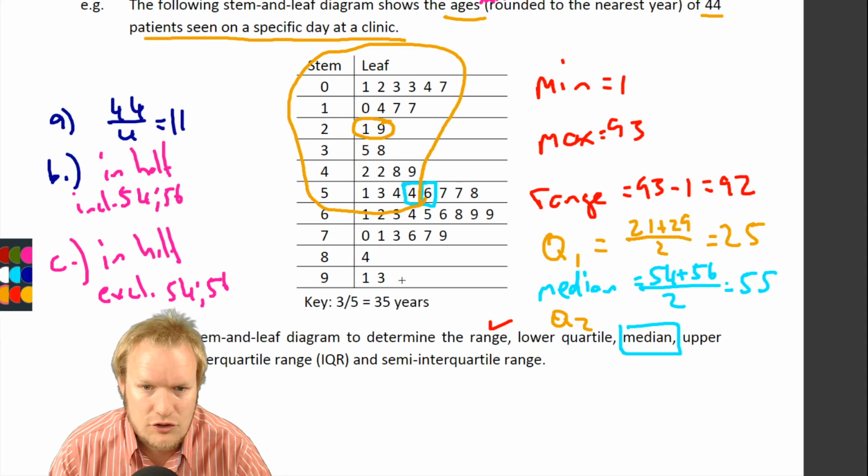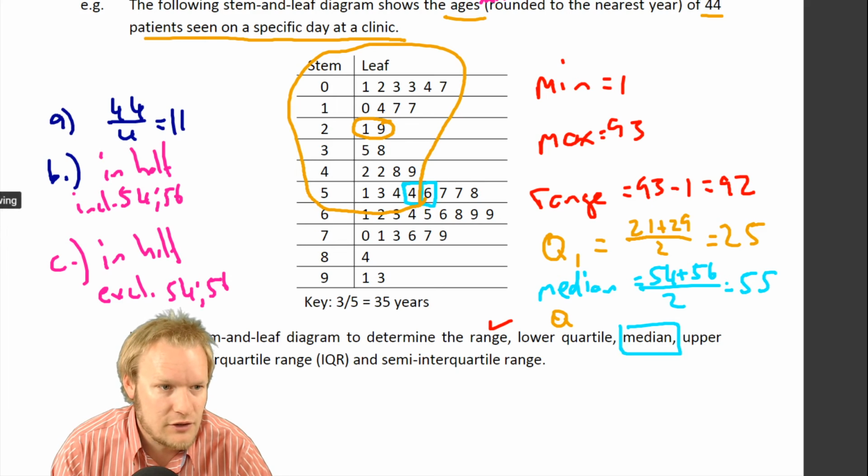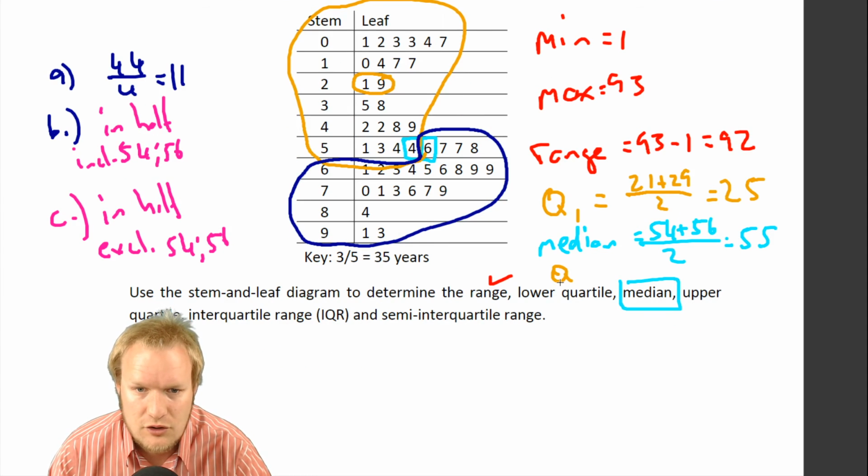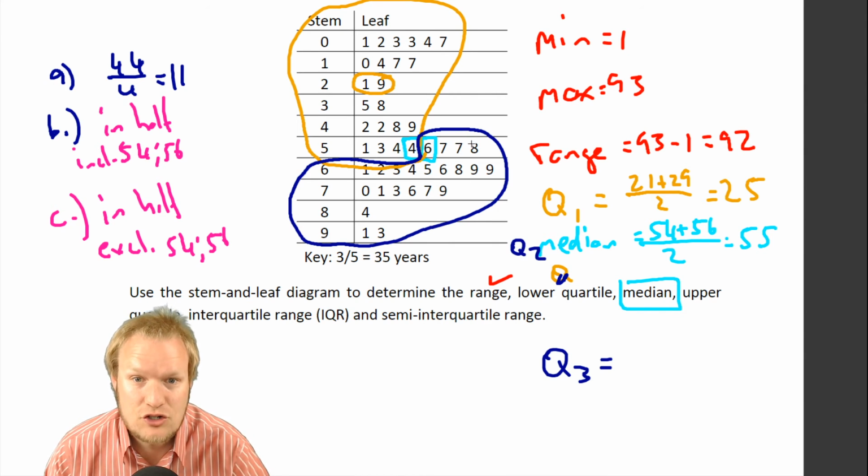Now that was Q2. For Q3, we're going to look at this half of the data set, including that middle bit. Okay, and for the upper quartile, which we're going to call Q3, because our median is Q2, we already said there are 22 data points if we counted them all up.